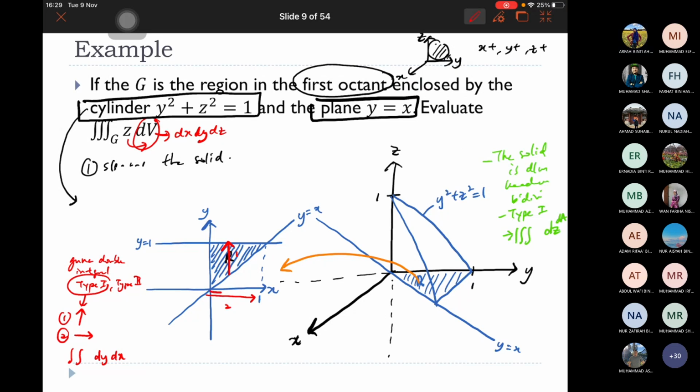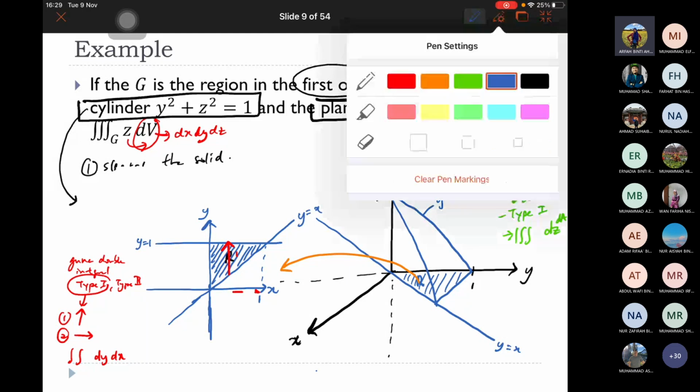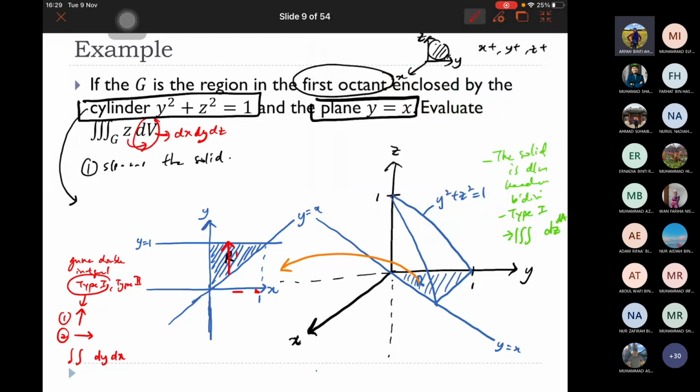This one, kiri ke kanan. So ini adalah yang kedua.